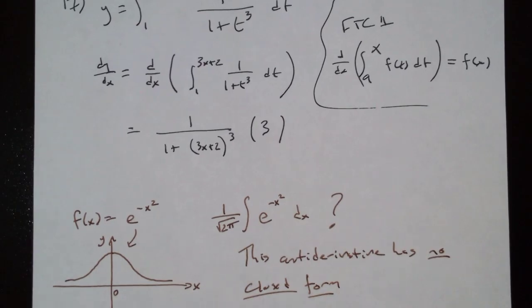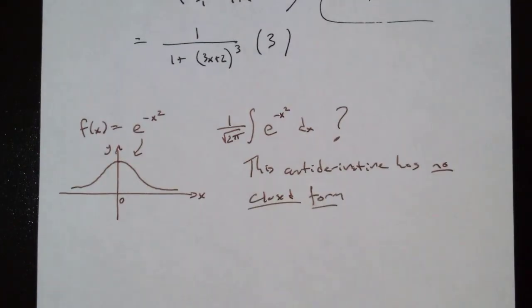That means we can't write it in any of the functions we like to work with. Exponents, logarithms, trigs, inverse trigs, even functions we don't see very often, functions like the hyperbolic function or other sorts of crazy functions, there's just no nice way to do this. The result means that the only way to get there from here is to approximate. If I want areas under this curve, I'm going to use a Riemann sum. Oh, man.